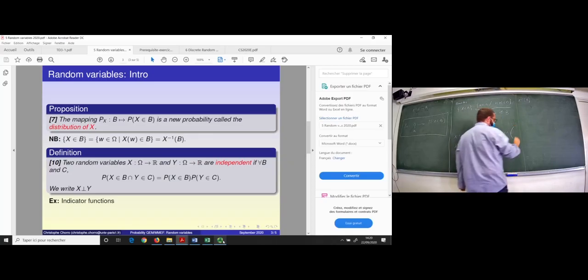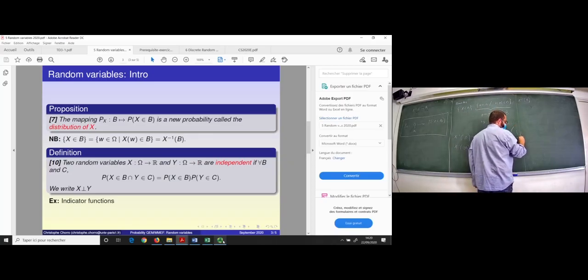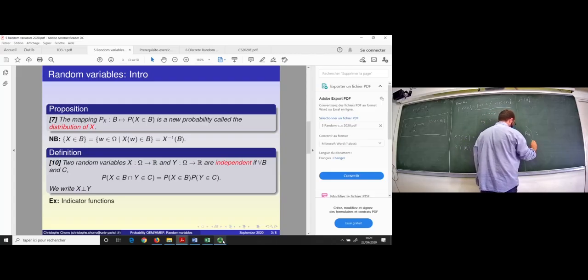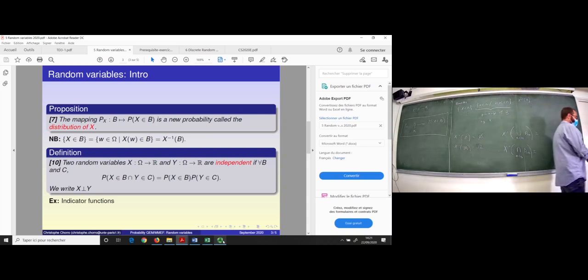This way, the preimage of a union and the preimage of an intersection. Do you remember the formula for this? I have told you that we have nice properties for the preimage.